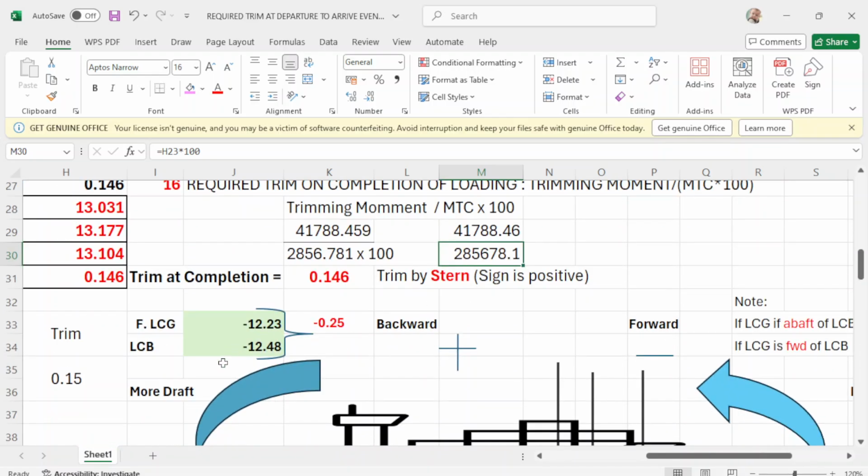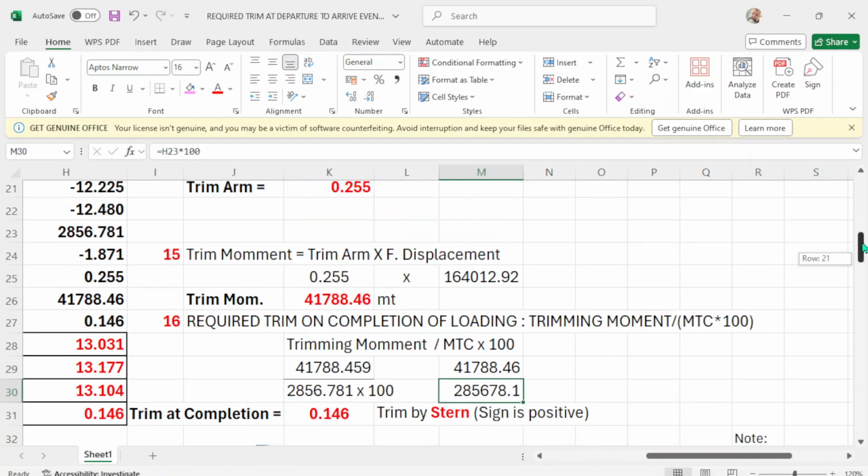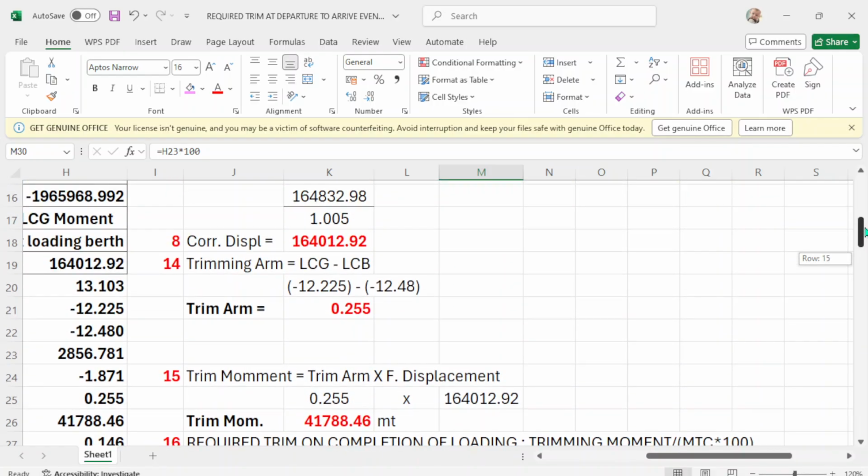LCB is negative 12.48 and your final LCG is negative 12.23, which is rounded off. So you get the difference of 0.25, which is your trimming arm.